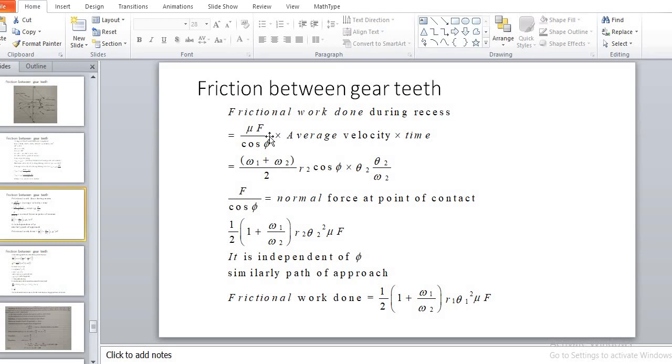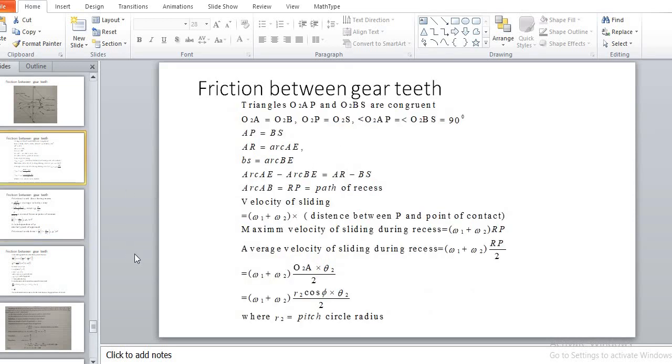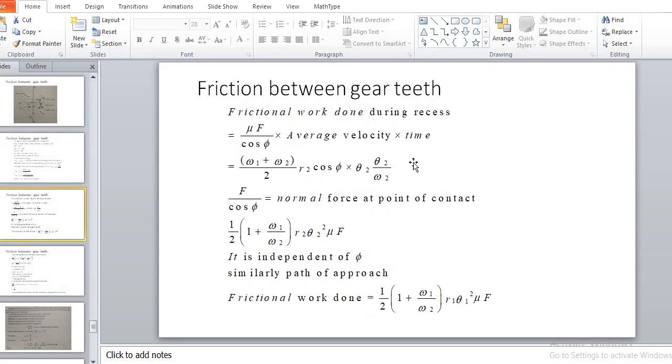Now the frictional work done is equal to the frictional force, mu F divided by cos phi, into the average velocity. That average velocity we calculated previously; we put that value here, and with this the time. Now we can calculate the time: omega 2 is in radians per second, and theta 2 has unit radian.